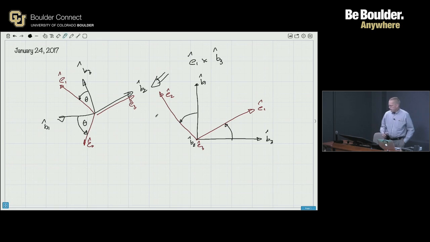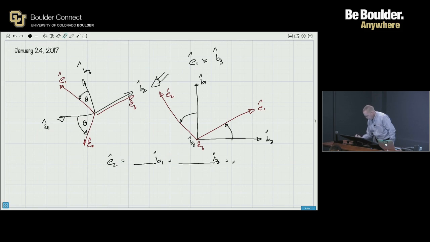Now we can go either way. We can choose to write an E-frame vector in B-frame components or a B-frame vector in E-frame components. Kaylee, what do you want to do? Let's do E to B. Okay, so let's pick E2. And really, we have to write it in B frame: something B1, something B2, plus something B3, right?